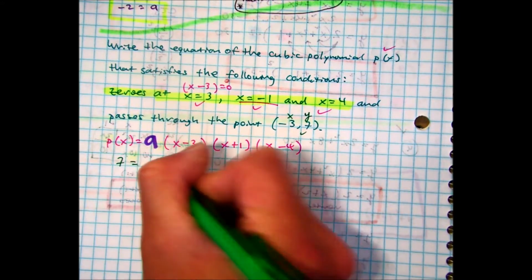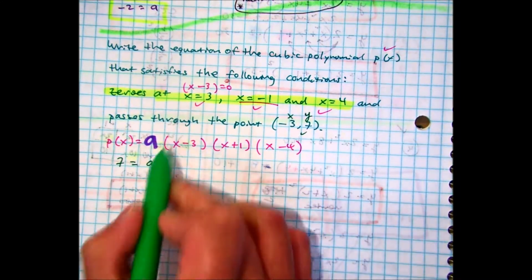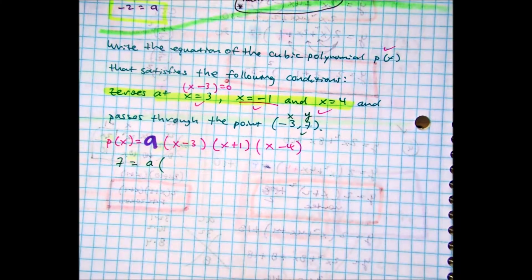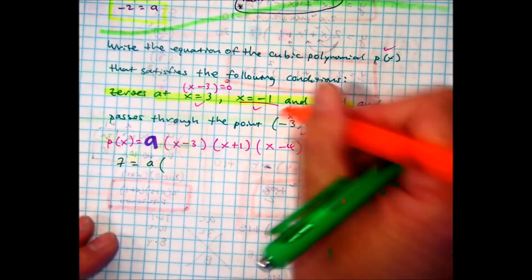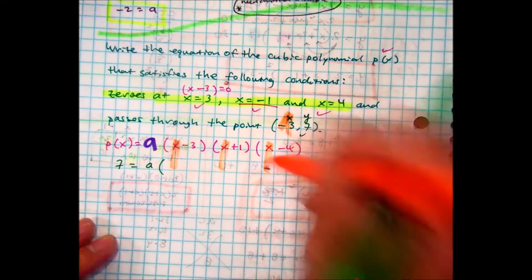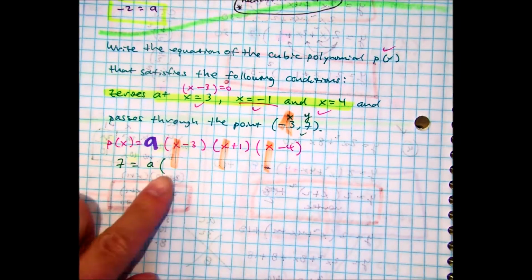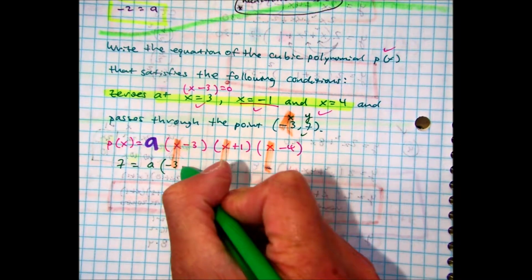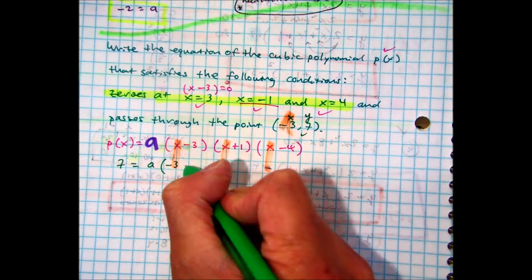So 7 equals a. Class, what's my x value? Now here's the weird part. The x value, you're going to actually write 3 times. Do you see that? Class, tell me what to write. -3 minus 3.